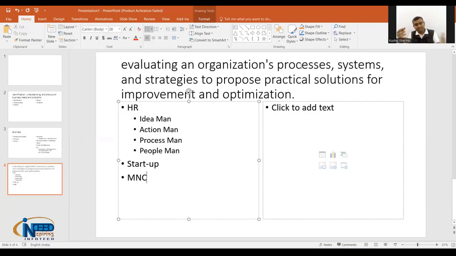How much time is it going to take to adapt or accept new technology and practices within the organization? This is what a business analyst needs to understand: processes, systems, and strategies. Why? Because ultimately, as a business analyst, you have to propose practical solutions for improvement and optimization.